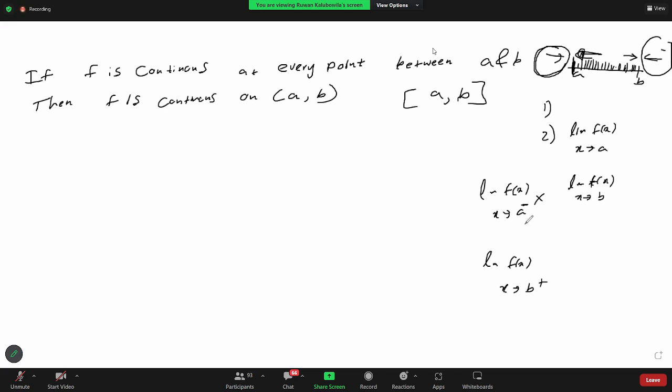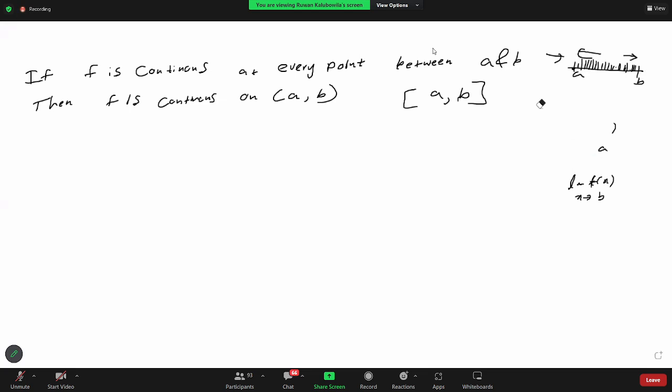Okay, so we have to define a new rule to check the endpoint. In between, we can find any point, because we have a test. But at the endpoint, we have to define a new rule. What is that? When you test the endpoint, you have to follow this.